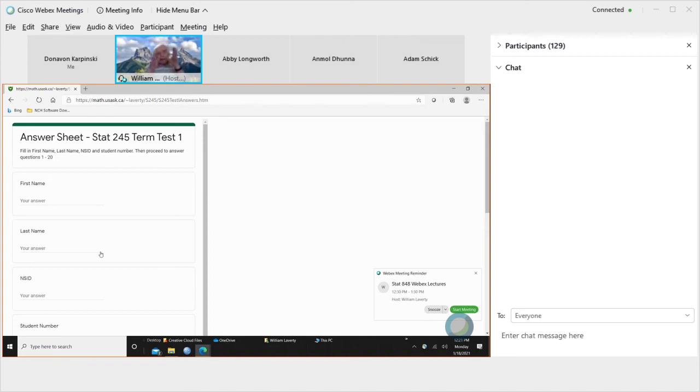The problem is if you're at the bottom of the page, you won't see that notification. You have to scroll up to the top of the page. Okay, thank you. So it should give you a notification that it's been submitted when you press the submit button, but you might not see it because you're at the bottom of the page and the notification is at the top of the page.